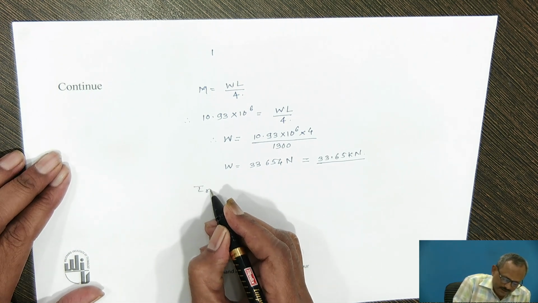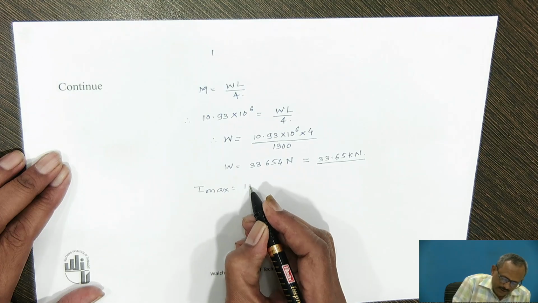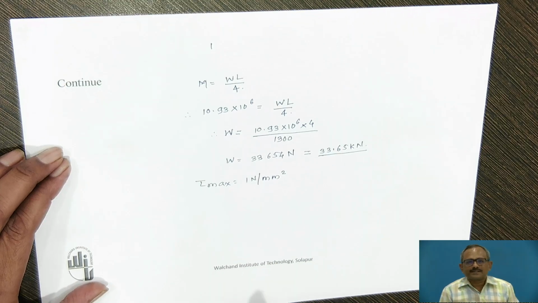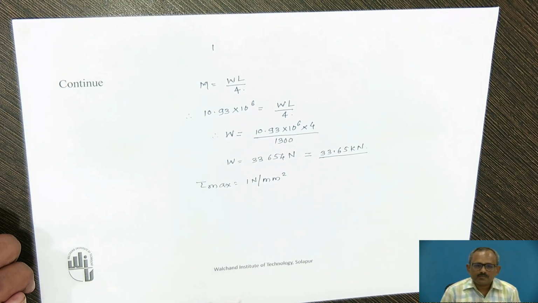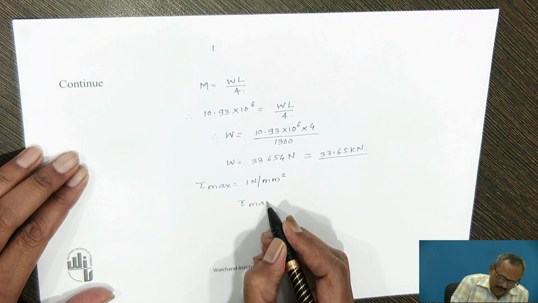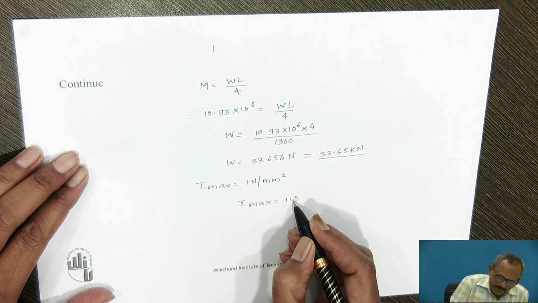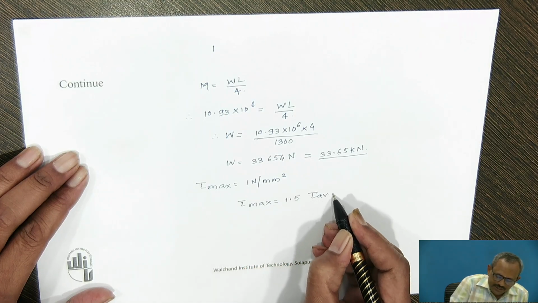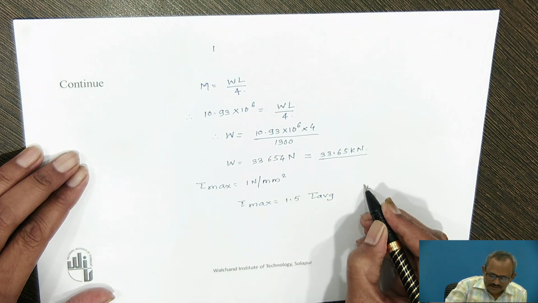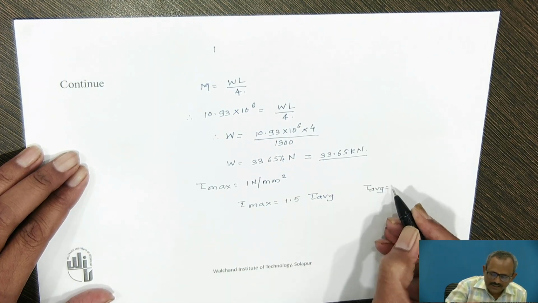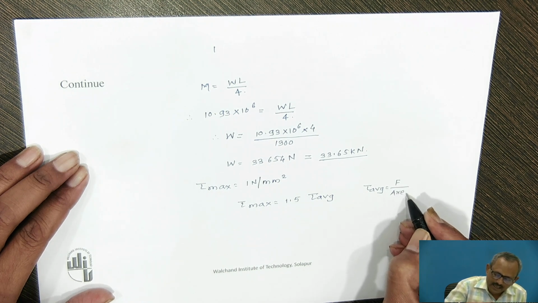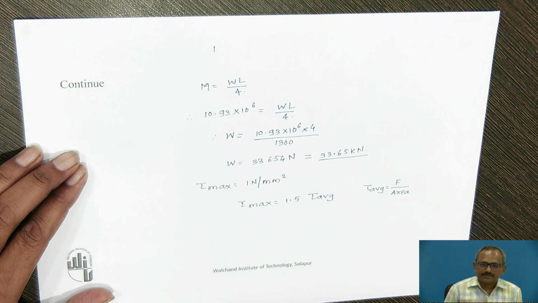Similarly, the maximum shear stress is given to you. So maximum shear stress is 1 Newton per mm square. For a rectangular section, maximum shear stress tau max is given by 1.5 times the average shear stress, and the average shear stress is the maximum shear force divided by the area of the section.